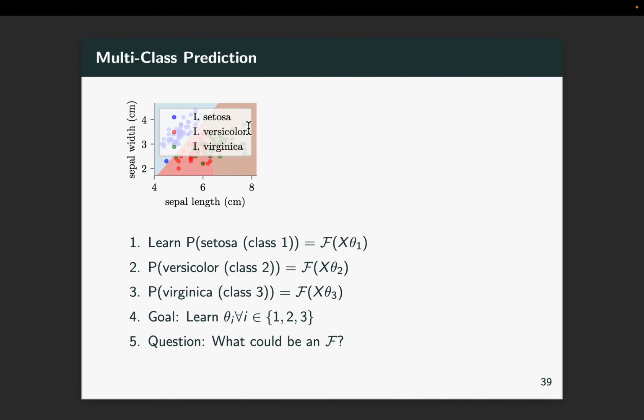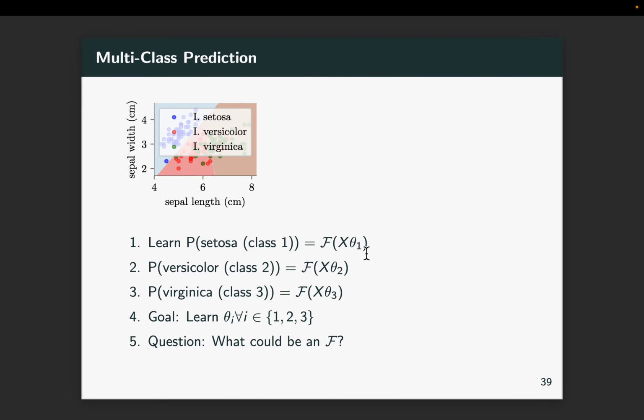First, let's assume that the probability of class 1 is some function f of x theta 1. We want to retain our original setup where we first find the logits, x transpose theta, for a single point, and in binary classification we pass the logits through a sigmoid function to ensure that the probability for a particular class is between 0 and 1.